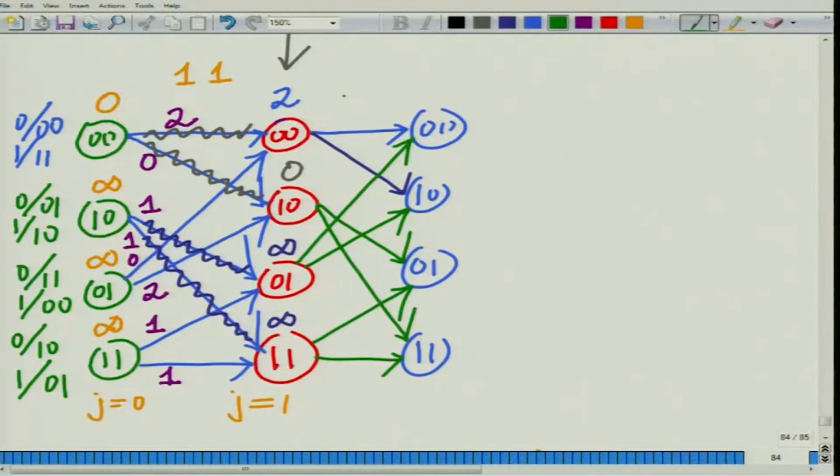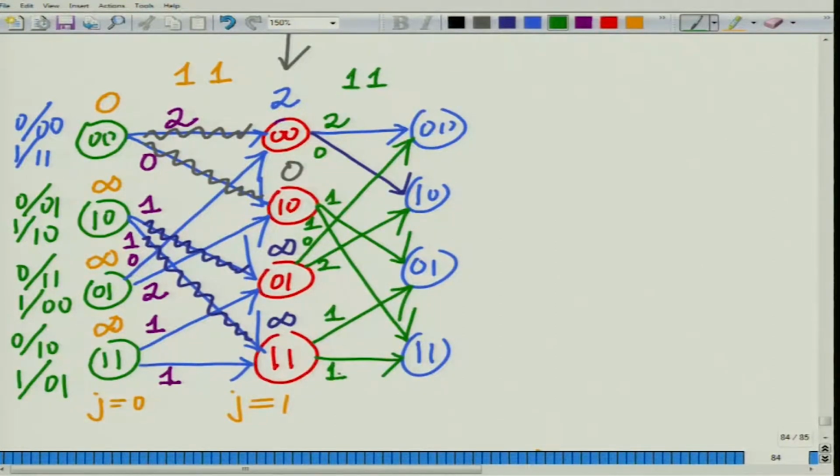This corresponds to the received word 1 1 again. At the time instant j equal to 1, the received word is 1 1. Once again the branch metrics will be the same: 2 0, 1 1, 0 2, 1 1.